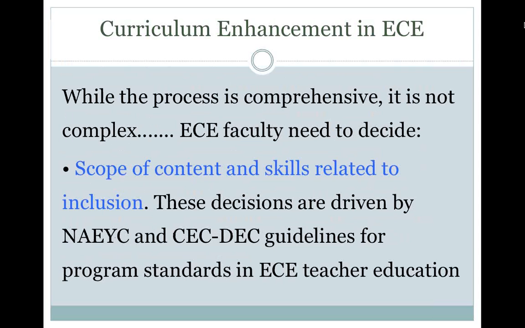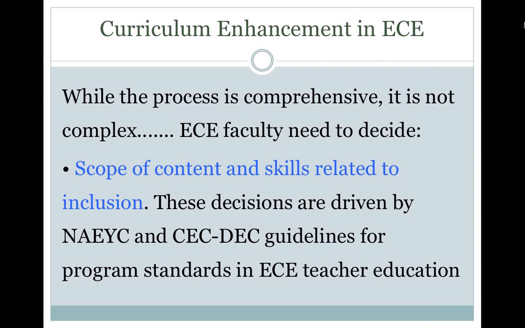It's important to keep in mind that while the process of curriculum enhancement, including materials, assignments, and field-related experiences related to young children with disabilities and inclusion, is comprehensive, it's not complex. Faculty need to make decisions about the scope of content and skills related to inclusion within their early childhood education teacher preparation program. Once again, these decisions are guided by NAEYC and the Council for Exceptional Children Division of Early Childhood, CEC-DEC, guidelines for program standards.